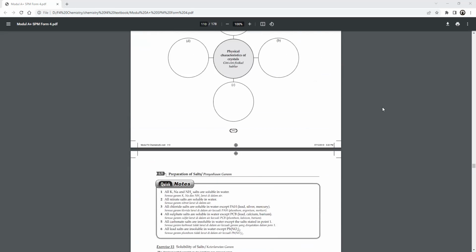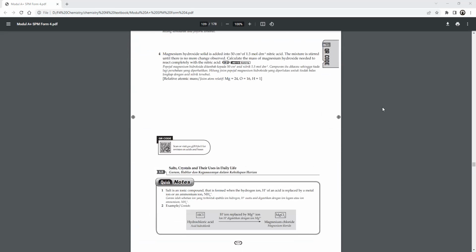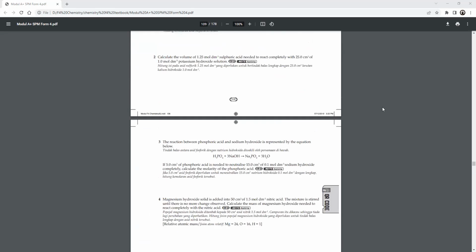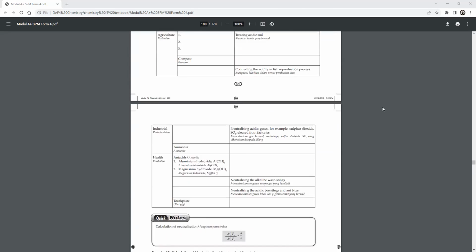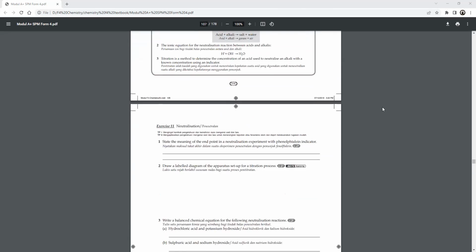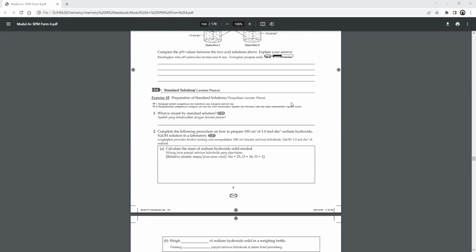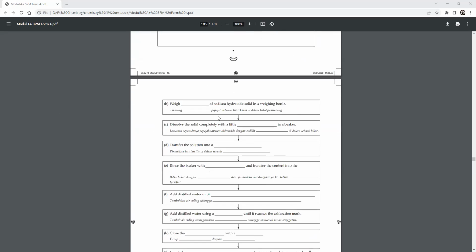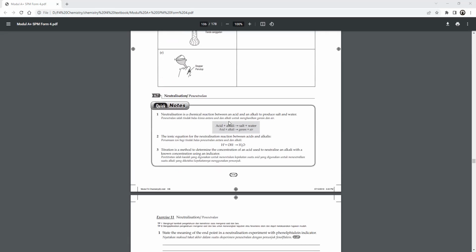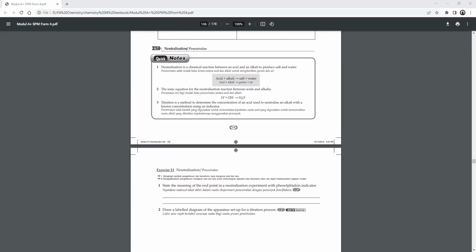Last week you did until 6.6, we have finished this one already, right? Do we do this one before? Standard solution.